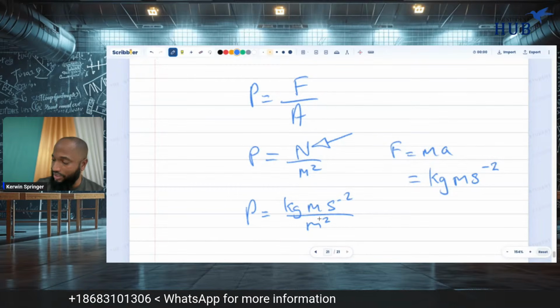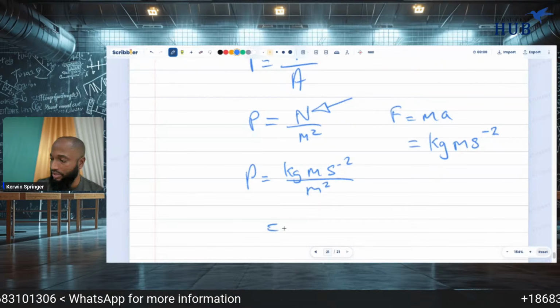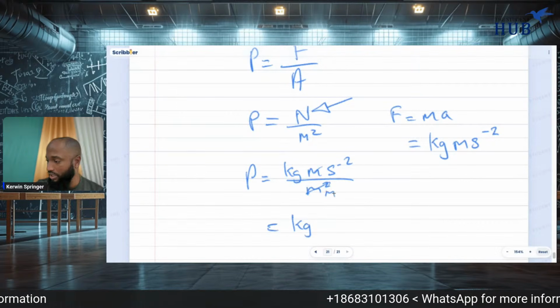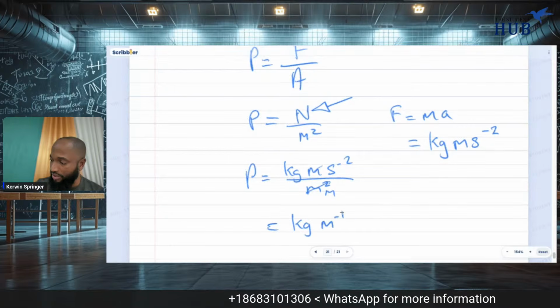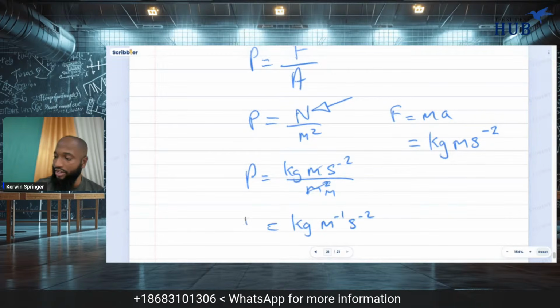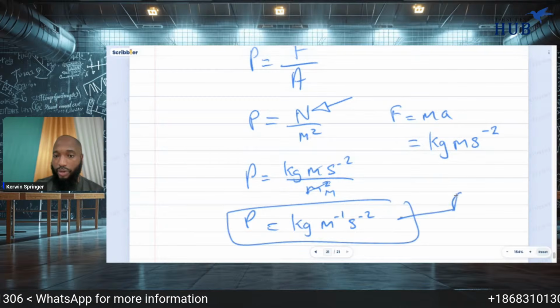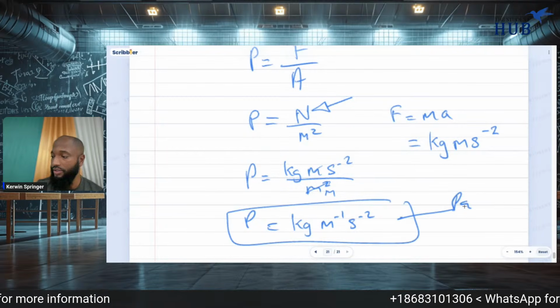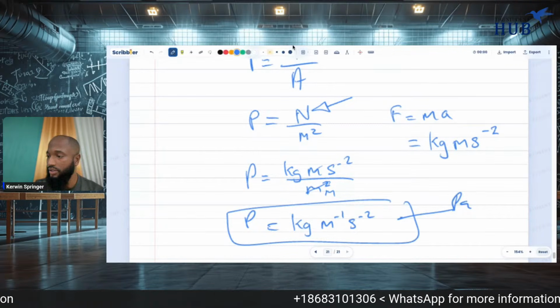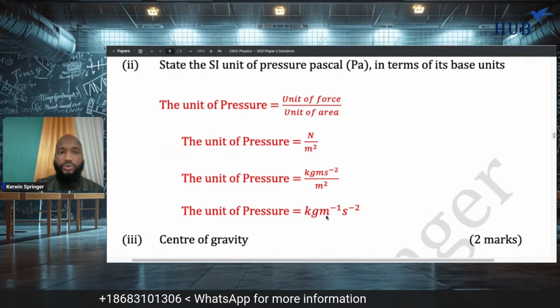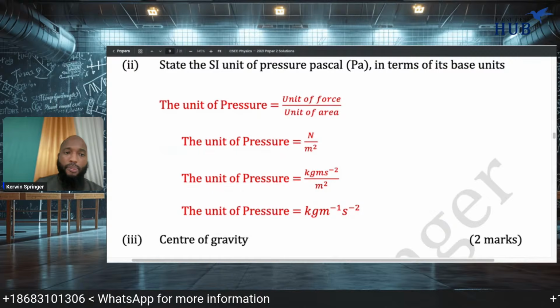What do you think will happen to the meters here? One cancels and I'll end up with 1 meter below still. So this is kilogram per meter per second squared. Agreed? So this is what 1 Pascal is. Class, we do this a million times.